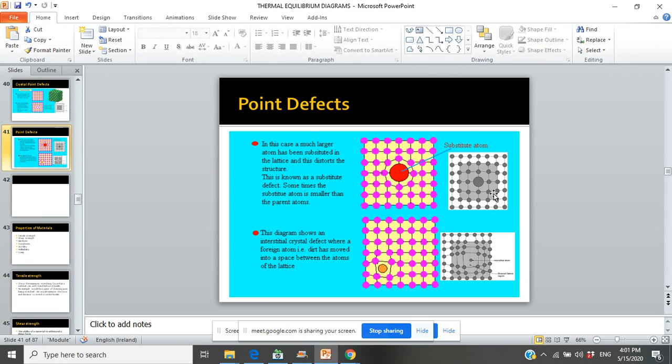Again, as you can see here, it strains the microstructure, making slippage more difficult. It's strengthening the material because slippage is restricted, and especially interstitial. Interstitial, when it goes into the space in between, restricts movement and strengthens the material. That's all you need to know. That's the crystal defects, and that's how it works.